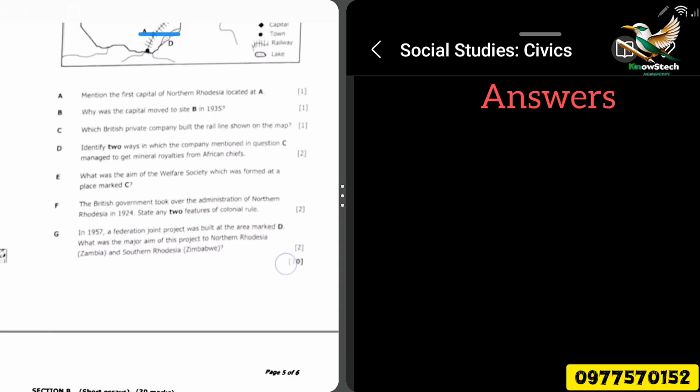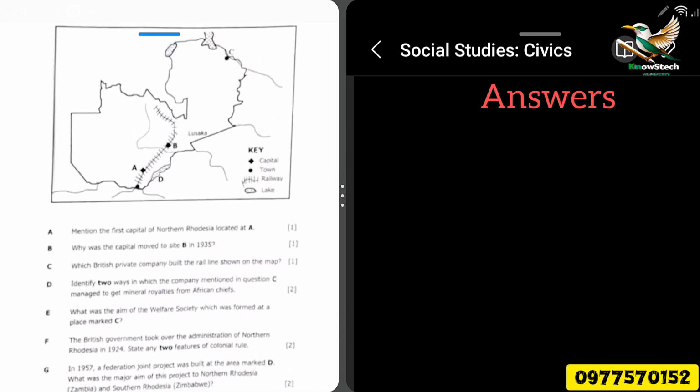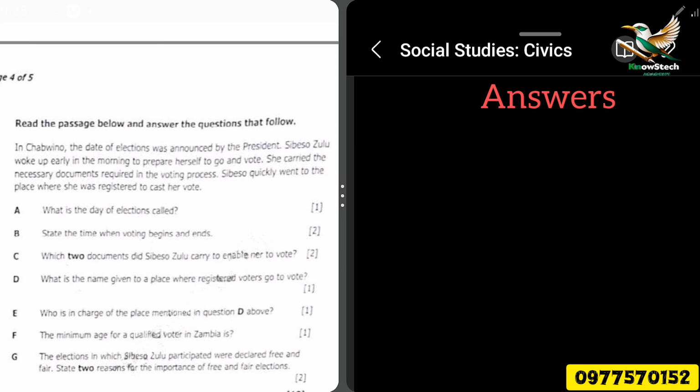So we're done with this question. Let's go to another civic education question. Here the question reads: in Chabwino, the date of elections was announced by the president. Siweso Zulu woke up early in the morning to prepare herself to go and vote.